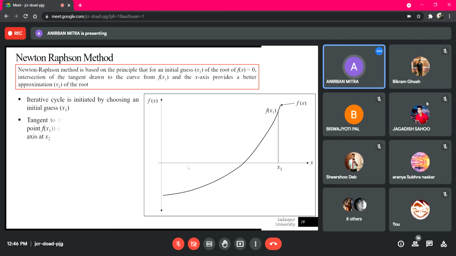What we need to do is draw the tangent to the curve fx at x equal to x1. So that means from that point of f of x1, we draw a tangent, and that intersects with the x-axis at a point x2. And you can quite clearly see that x2 is in fact quite a bit closer to the actual root as compared to the x1. The actual root is right here.